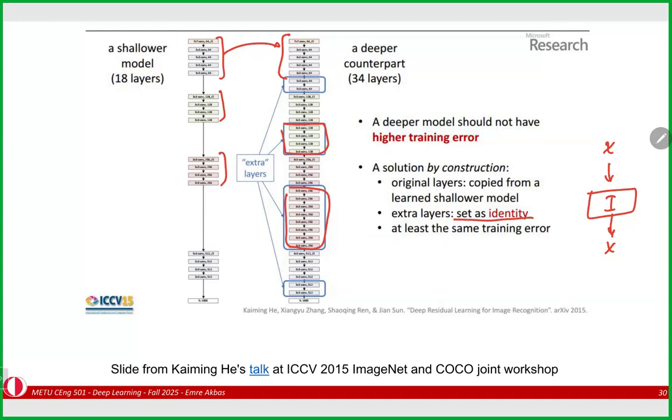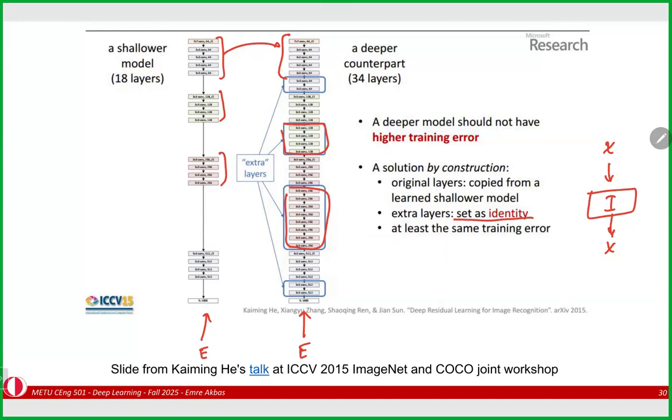So if you set this with identity, then what will happen is you should get the same training error as the shallow counterpart. Are you with me here? Because the 18 layer network has a certain error. This network should have the same error because the extra layers are identity. Okay, so this is good.